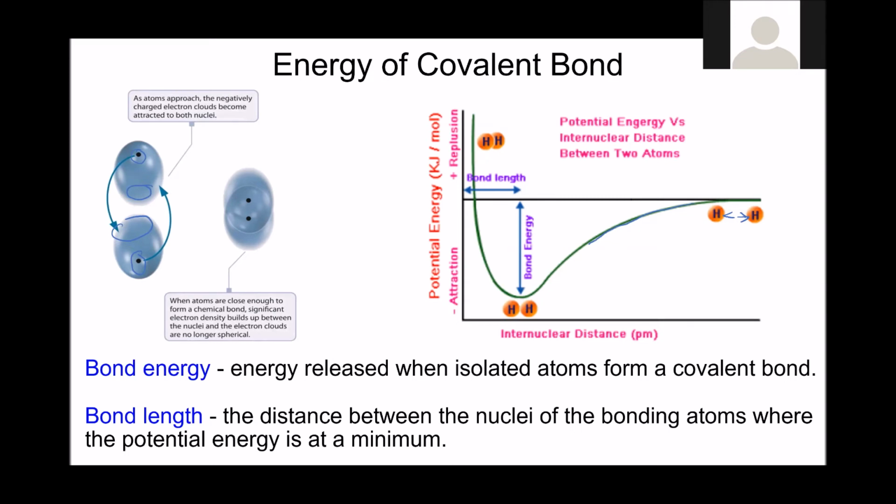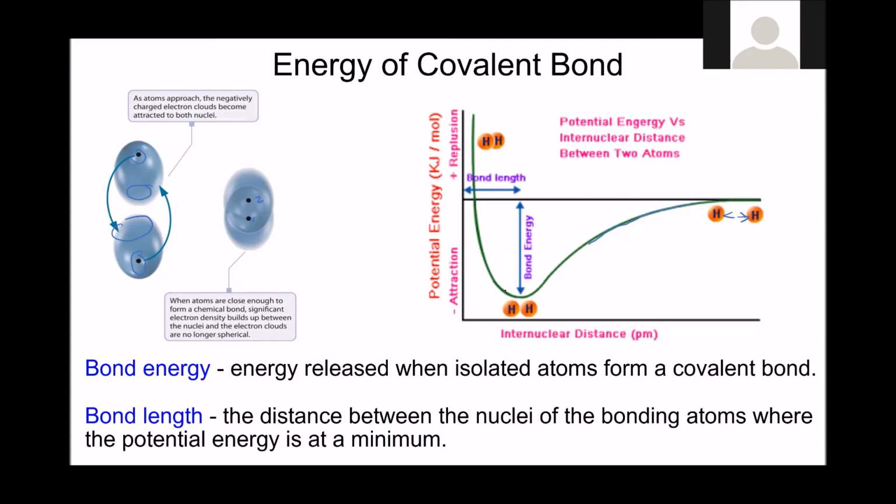Okay? At one point, when they get too close to each other, the nucleus of atom 1 and the nucleus of atom 2 will be so close that they will start repelling each other. So that repulsion force is going to increase the energy of the system.